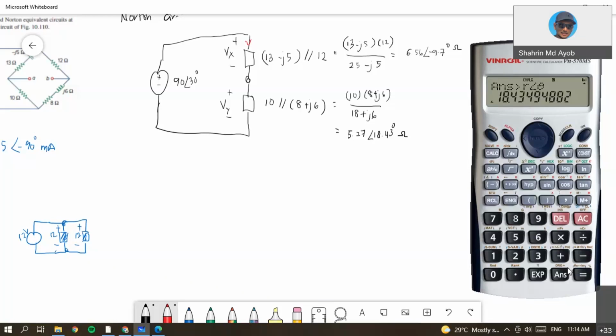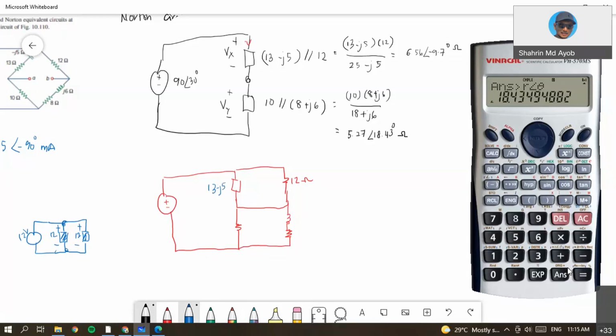Okay, so then we expand this circuit. We expand back. So this one element, this is 12 ohm. So this is 13 minus J5.